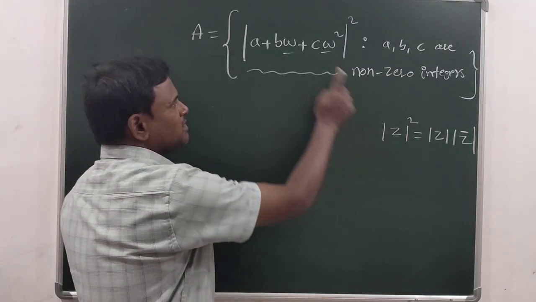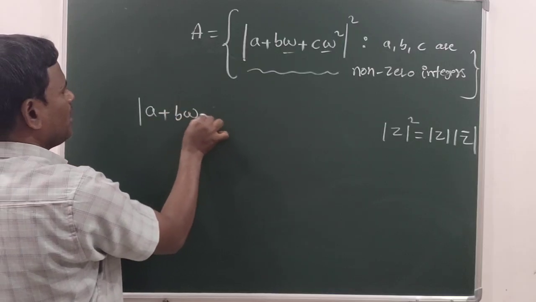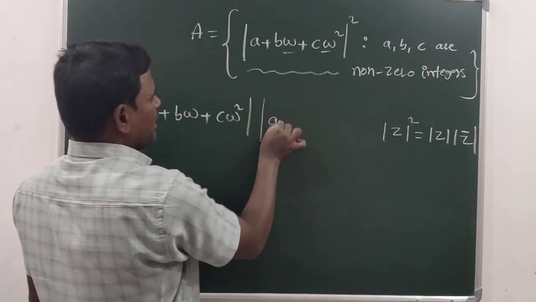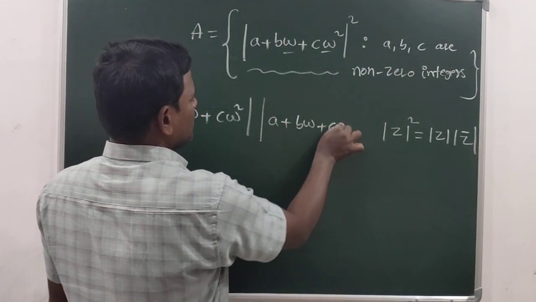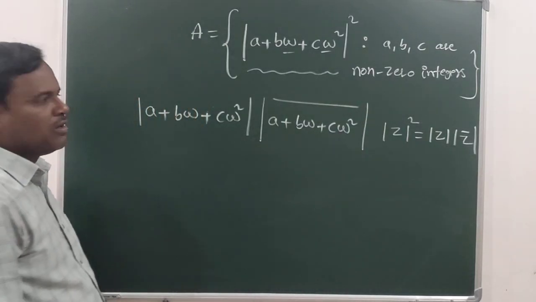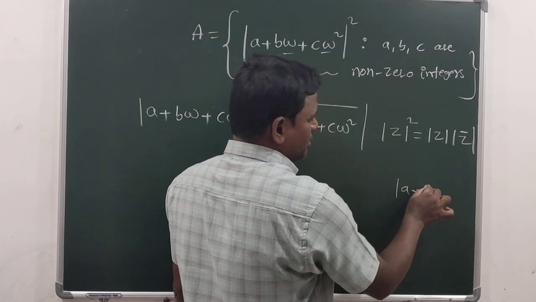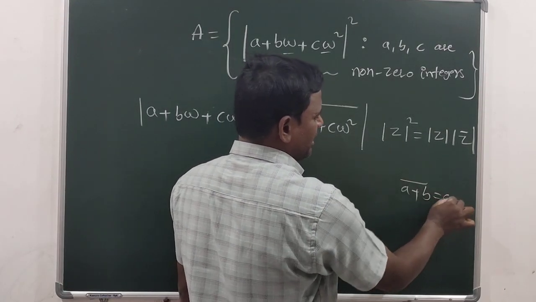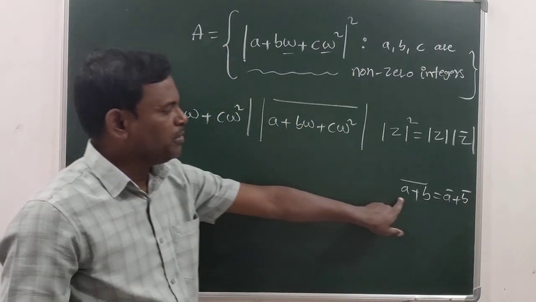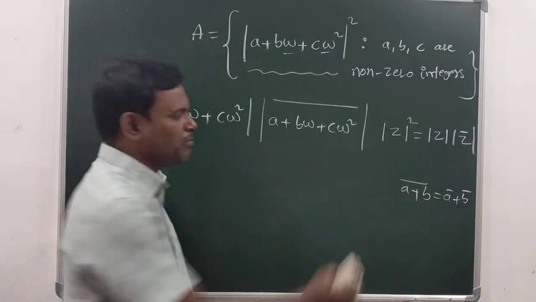So this can be written as mod of a plus b omega plus c omega square into a plus b omega plus c omega square, whole bar. You know that for complex numbers a and b, the conjugate of a plus b can be written as a bar plus b bar.